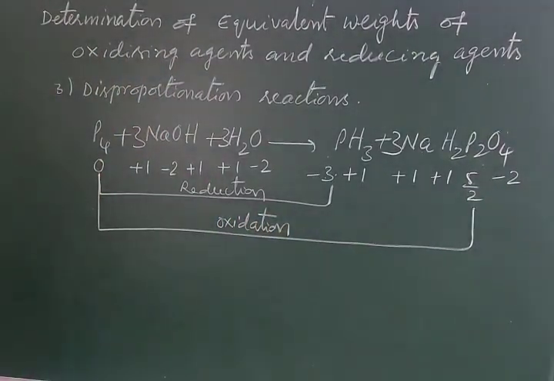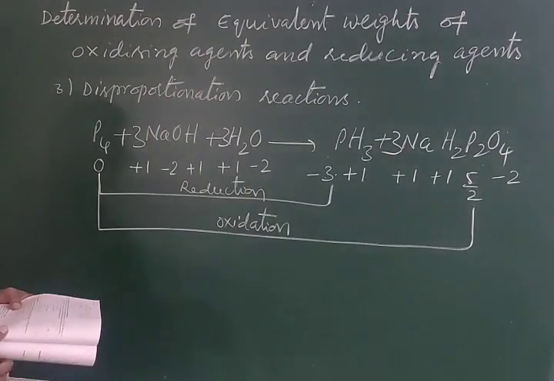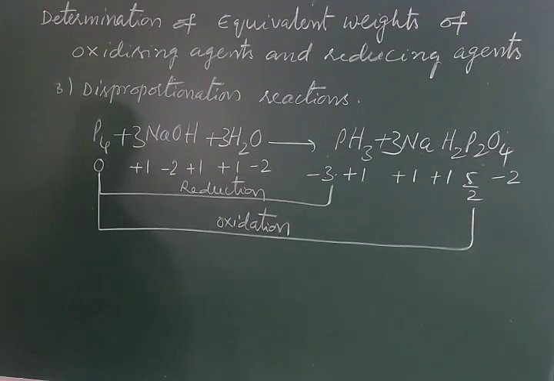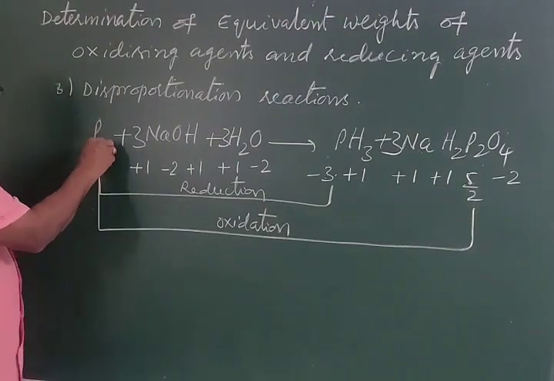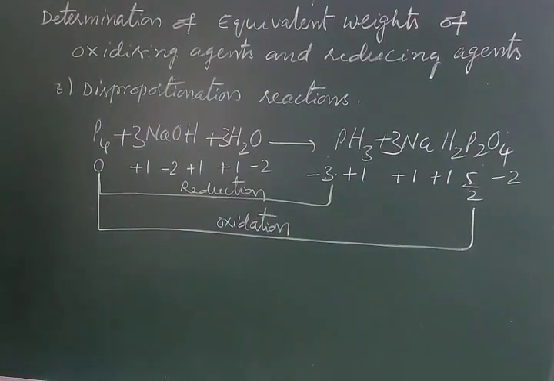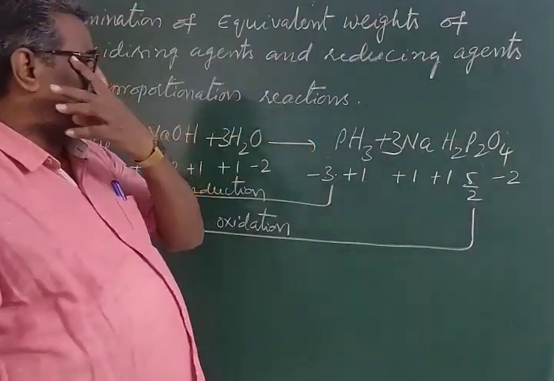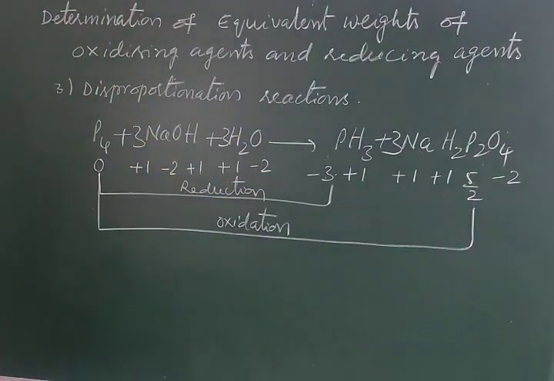Okay. Now let us see the number of electrons gained. We can't say that in phosphorus, some of the phosphorus undergoes oxidation and some undergoes reduction. We can't say what percentage of phosphorus undergoes oxidation and what percentage undergoes reduction.